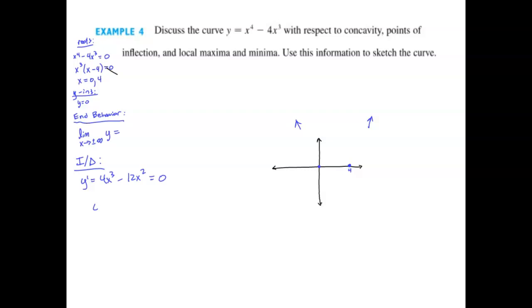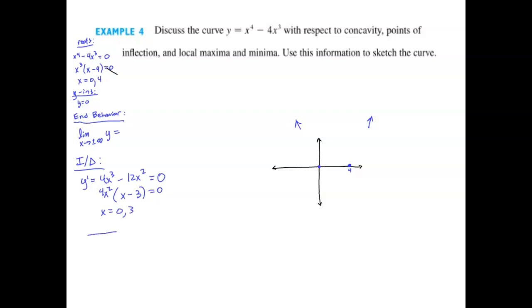So I can factor out a 4x squared from there. Sorry, I need to be a little bit more space conscious. So factor out 4x squared. What would I be left with? x minus 3. So I get two critical values. I get x equals 0 and 3.